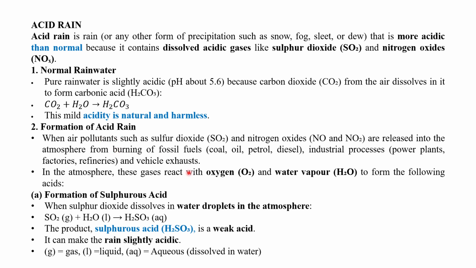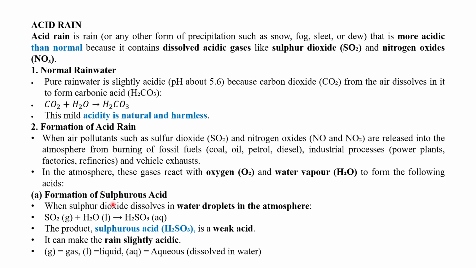Air pollutants such as sulfur dioxide or oxides of nitrogen, that is NO and NO2, are released into the atmosphere, mainly from the burning of fossil fuels like coal, oil, petrol, diesel, or industrial processes, power plants, factories, refineries, and vehicle exhaust. In the atmosphere, these gases react with oxygen and water vapor to form the following acids.